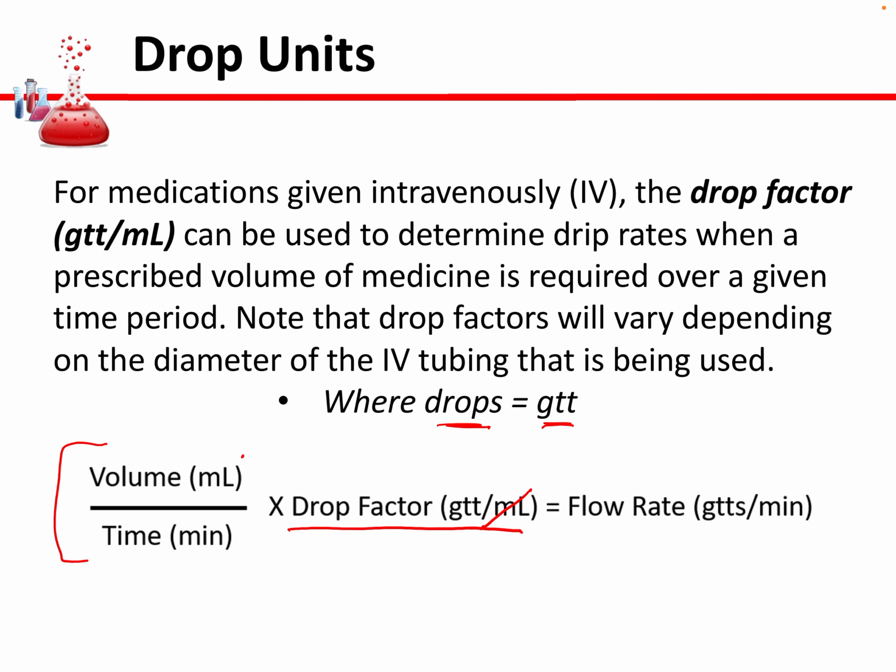Mils will cancel out, and we get a flow rate of GTTs per minute in this case. You could also do that per second, depending on what you're trying to measure. But minute is probably good in a medical setting, right? You can watch for a minute and see, oh, I got 14 drops. That's the drop rate I wanted. They're going to get that medication delivered in the right amount of time.